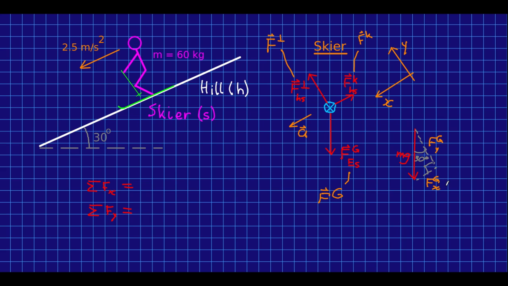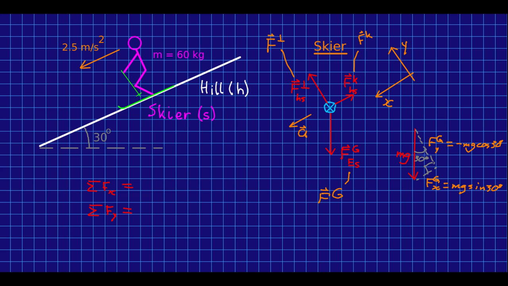And if you do the trig, you'll see this is the opposite, and so it's mg sine of 30 degrees. And this one, be careful, it's negative mg cos of 30 degrees.